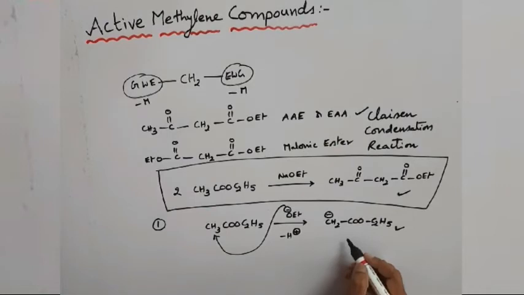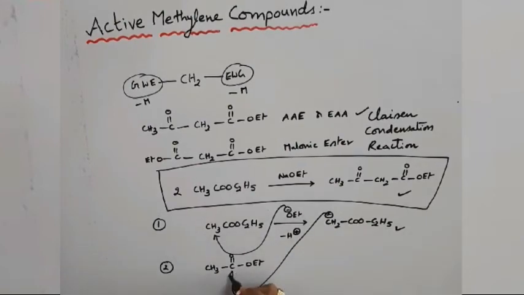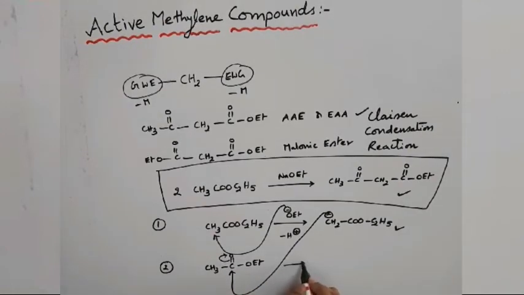This carbanion intermediate attacks a fresh molecule of the ester as shown here. I am taking a fresh molecule of ester. Ethyl can be written as Et. Now this is coming and attacking here. So as a result, the pi bond moves onto oxygen to generate the oxoanion intermediate.